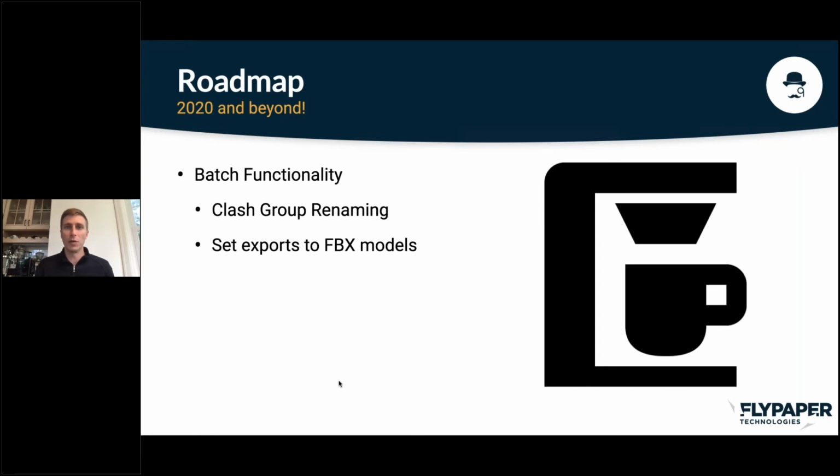Now it's one quick button push. You can let Sherlock continue on and export all those models. You can open up another version of Navisworks and go about your day while all of that is happening. Or you can go get yourself a cup of coffee, as this batch logo is kind of referencing here.